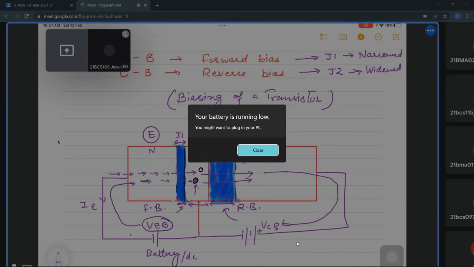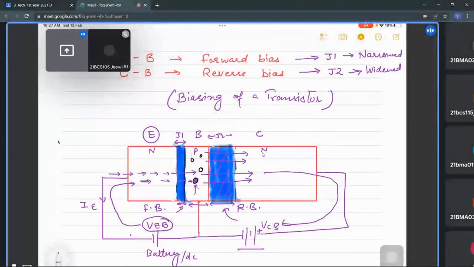Okay, isn't it? Because this battery is going to favor these electrons towards this battery. So current is moving opposite to that. This is IC. Okay, as many electrons leave from the base, the same number enter the base. This is something like that.